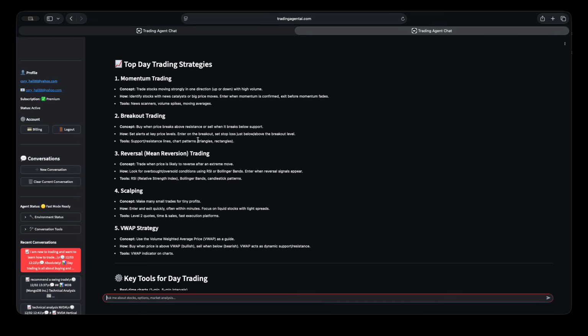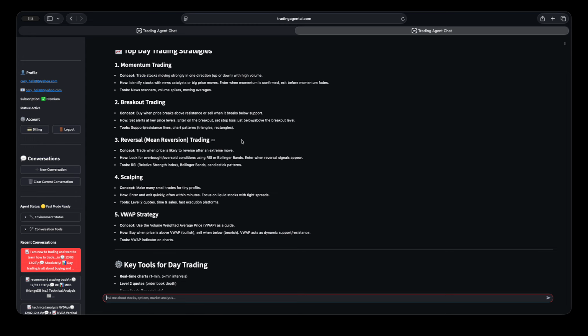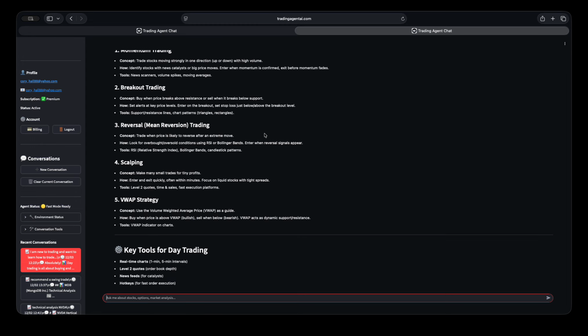So some of the tools are support and resistance lines like I just showed you, and then there are charting patterns like triangles, rectangles, head and shoulders, and others. And then there's the concept of reversal or mean reversion trading. The concept is to trade when the price is likely to reverse after an extreme move.